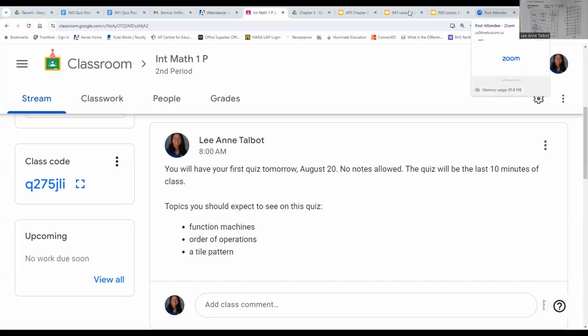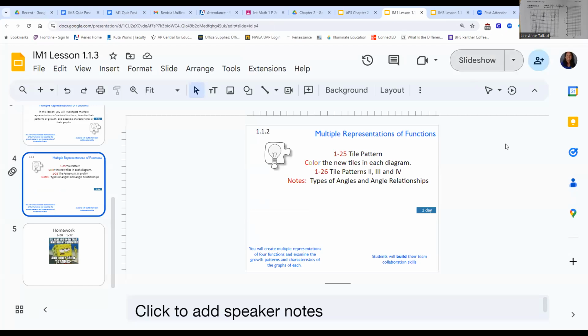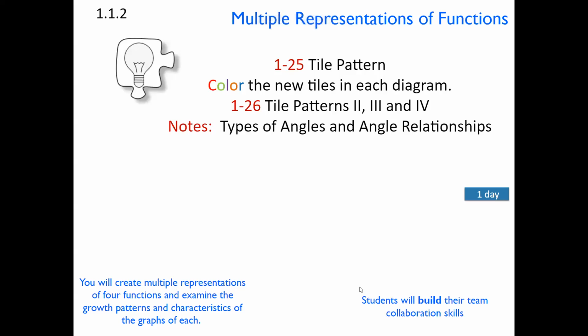Alrighty, guys, let's look at our agenda here. So we are going to do 2 problems in our packet, 25 and 26. And then we're going to do notes in our notebook on some review from Math 8, which is types of angles and angle relationships. So you're going to need your packet and your notebook.